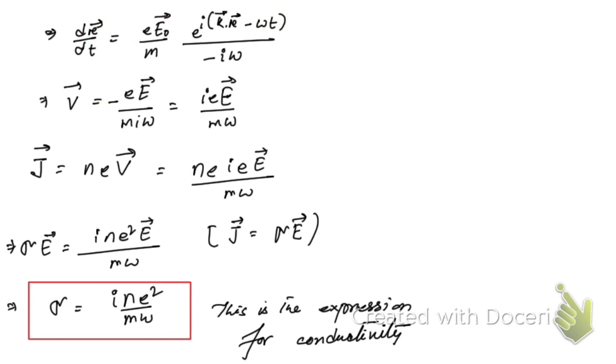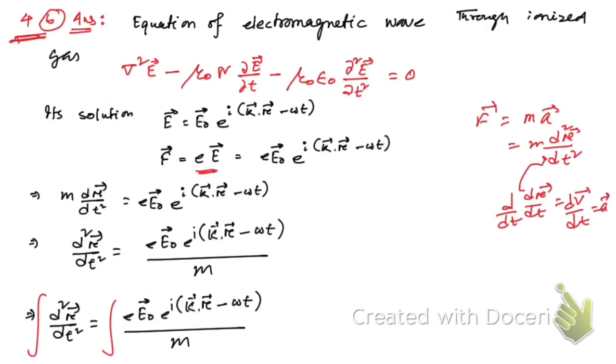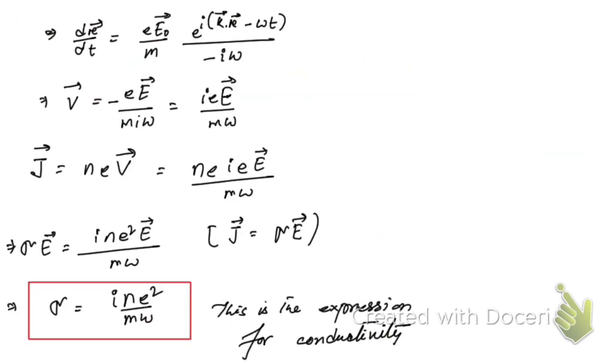And if we integrate this term, we know that the integration of e to the power mx dx is equal to e to the power mx by m. If we apply that, we are integrating with respect to t, so that's why this i times (k z minus omega t) term will be there. That will be coming as the denominator.